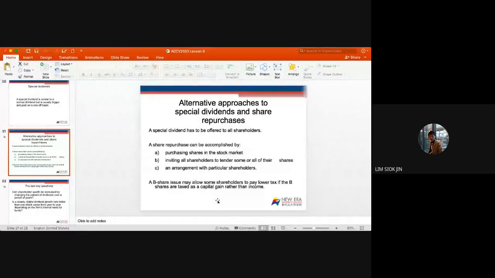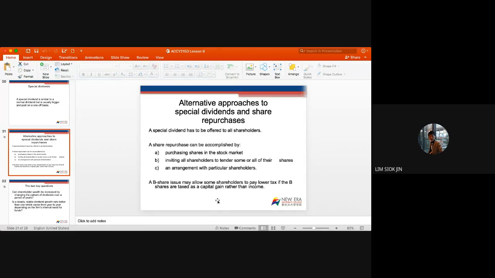So in this chapter, we learn all about investors' return in the form of dividend. And for companies, dividend is like their obligation, because a company is like a working entity, an item that works.